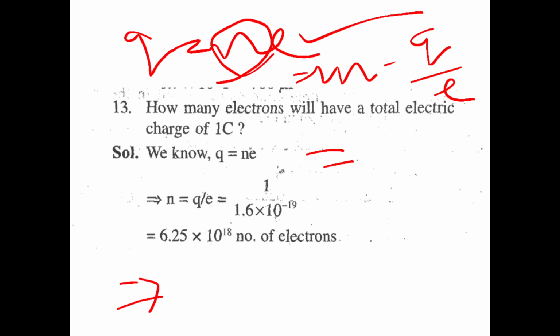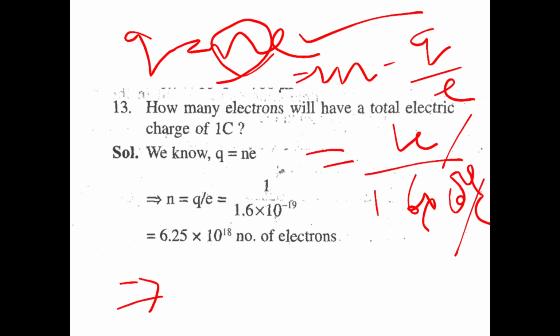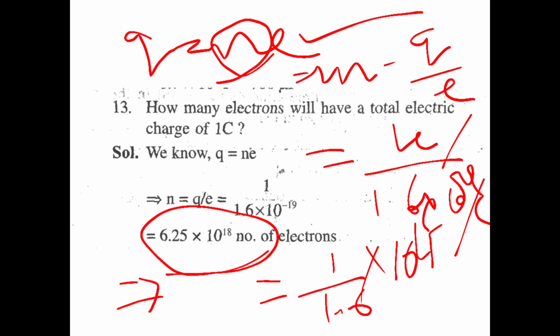Q is 1 coulomb, divided by 1.6 × 10 to the power minus 19 coulomb. Coulomb is cancelled out and we get 1 by 1.6 × 10 to the power 19. We get 6.25 × 10 to the 18 electrons together form 1 coulomb charge.